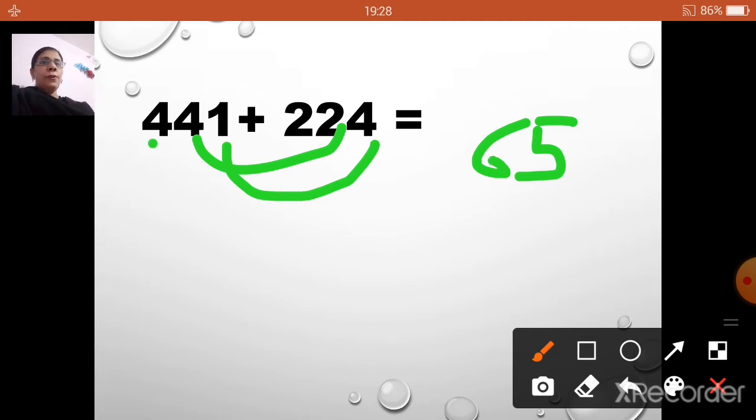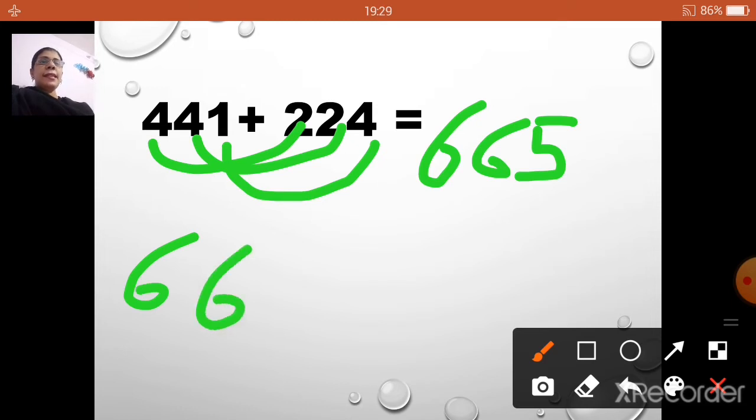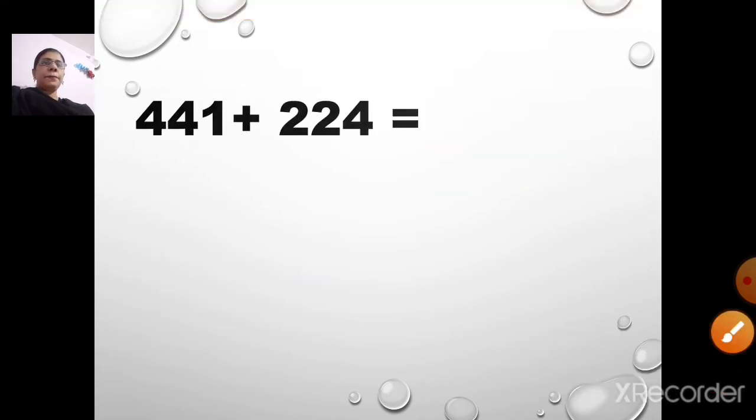Here there is no carryover, children. 4 plus 2 again, that is hundreds with hundreds. 4 plus 2 again is 6. So what answer do I get when I add 441 plus 224? I get my answer 665.